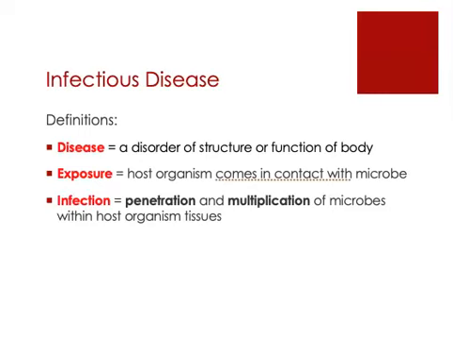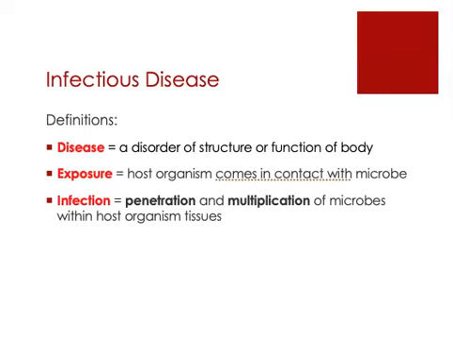Next, let's talk about some more terminology that's related to infectious disease. These are some terms that are sometimes interchanged incorrectly and used incorrectly in general. For example, when we use this word disease, all we're talking about is a disorder in the body, a disorder in some of the structure of the body or some way that the body functions.